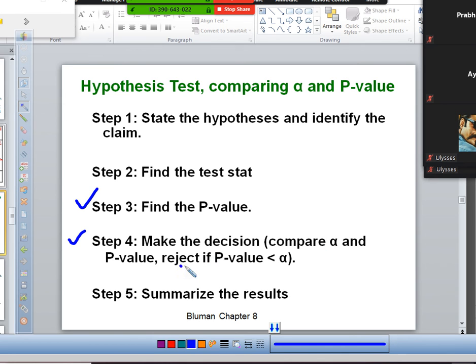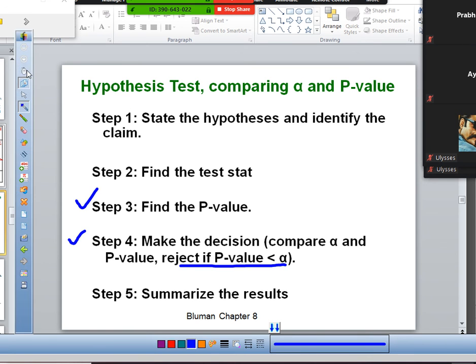And if the p-value is unusual, in other words, if it's less than or equal to alpha, then you're going to reject the H naught. And then summarize your results. So really it's only step 3 and 4 that are different. These are written at the bottom of page 17. It's just another way of doing it, an alternative way.